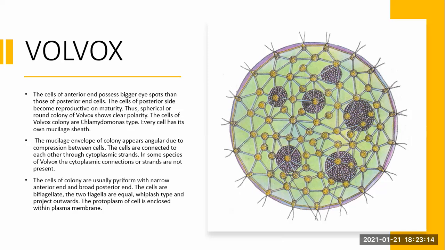The cells of the colony are usually pyriform with a narrow anterior end and a broad posterior end. The cells are biflagellate. The two flagella are equal, whiplash type, and project outwards. The protoplasm of the cell is enclosed within the plasma membrane.